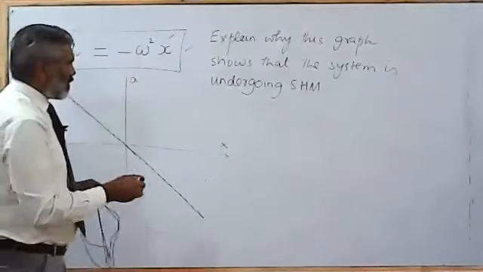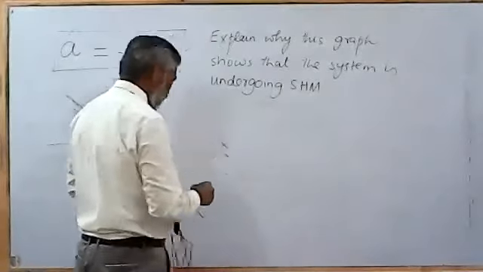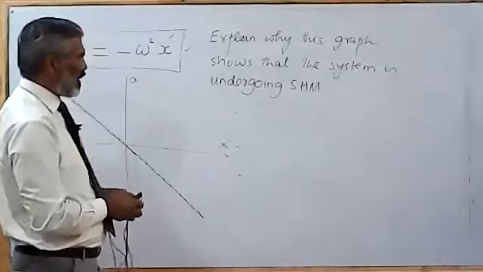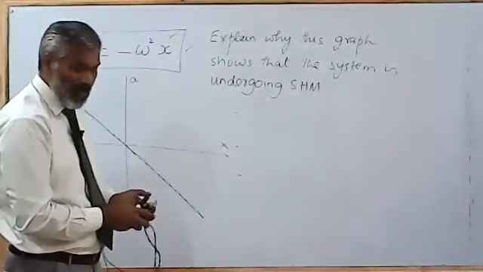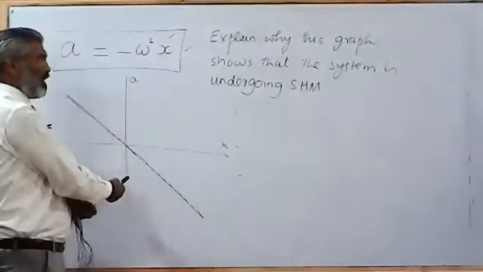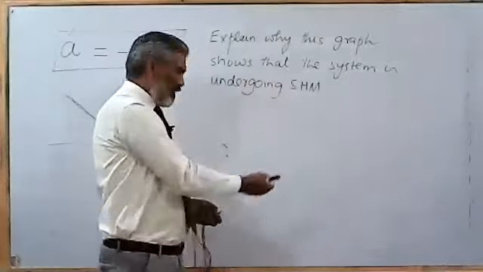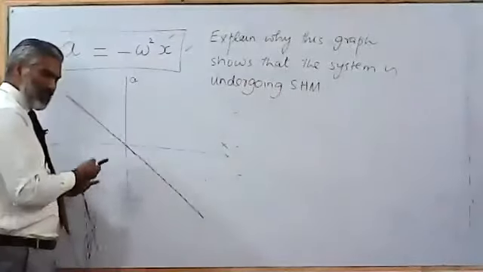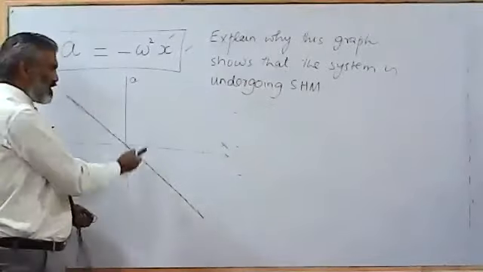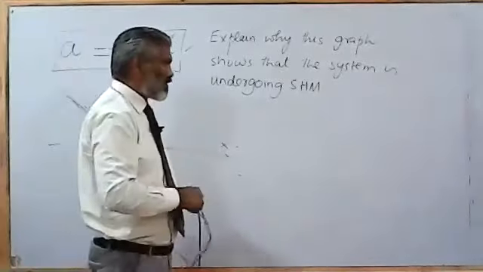So there are a few points that you will write in your answer. Suppose this is a question for 4 marks. In one of the possible questions, this graph is given and they have asked to write the answer to this simple statement, that why do you think on the basis of this graph that the system is executing a simple harmonic motion. It's a 4-mark question.